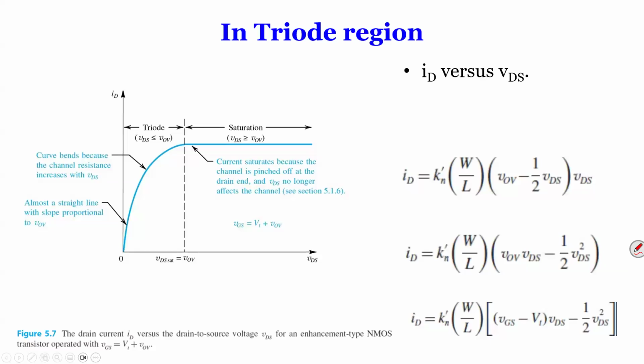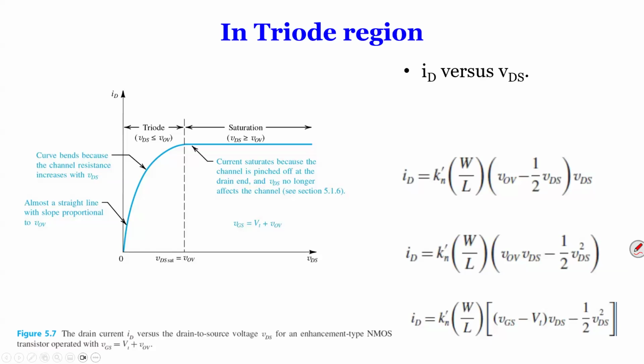When VDS is equal to the saturation voltage, this voltage equal to VOV, the current becomes flat. If your VDS reaches this point, regardless of how much you increase VDS, the current does not change anymore. It's a constant current.